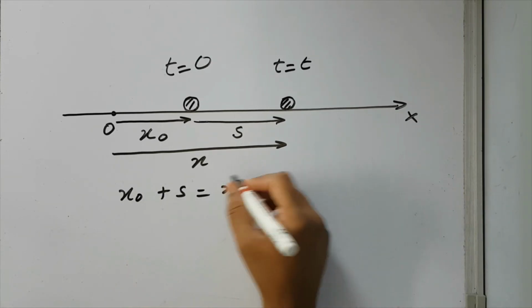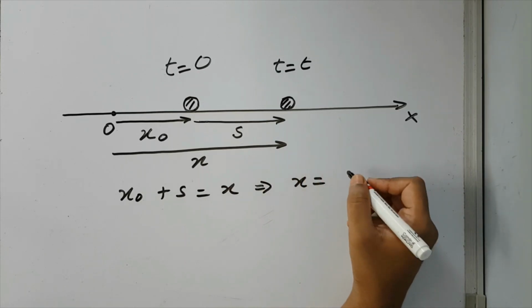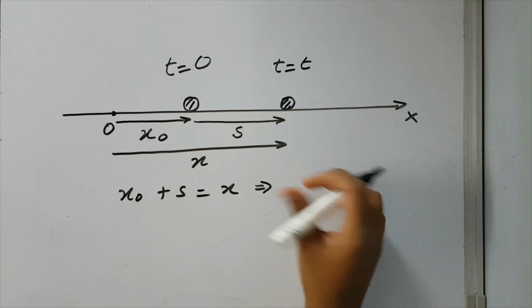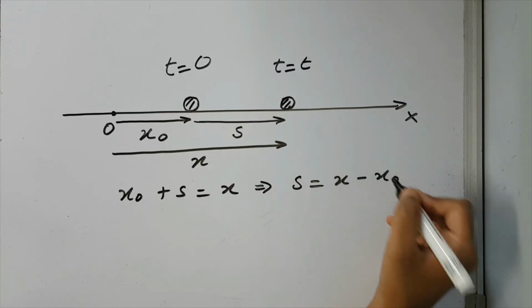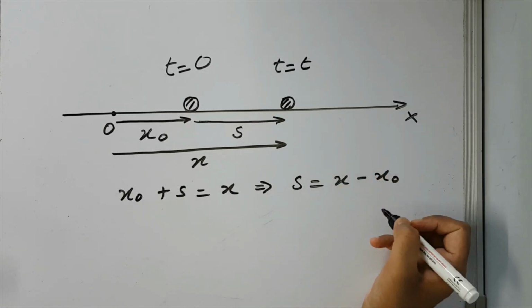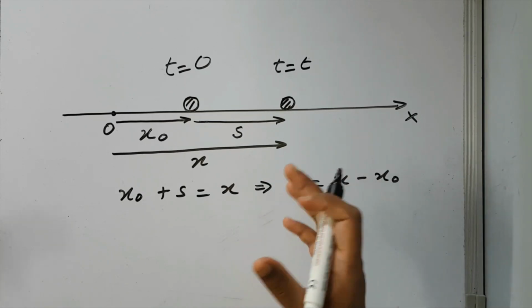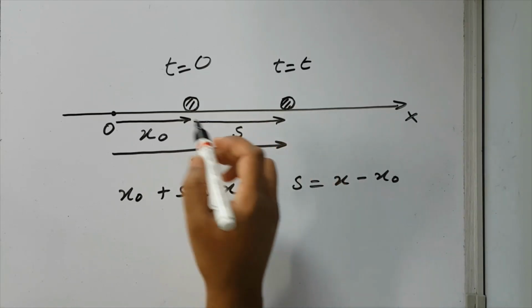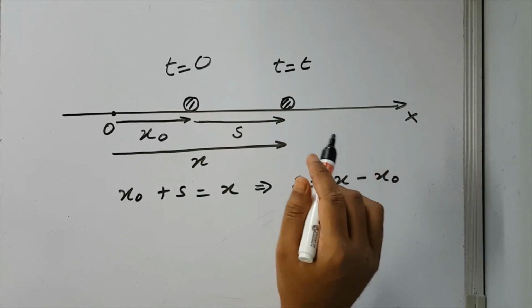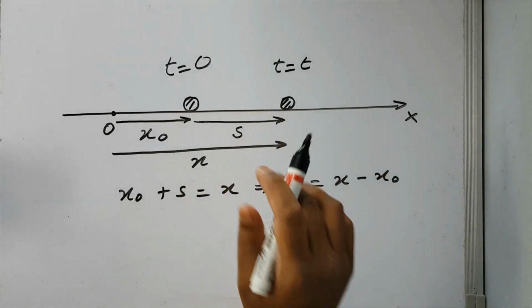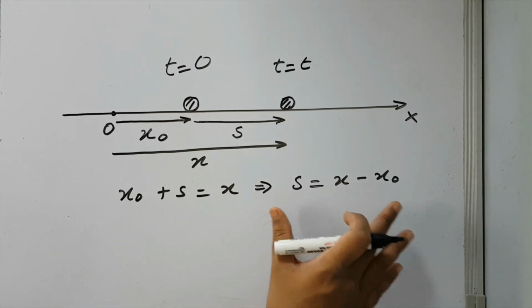So from here you could write the displacement is equal to final position minus initial position. You could also use the subscripts 1 and 2. If you want me to generalize that, I could do that as well. So this is the basic idea.